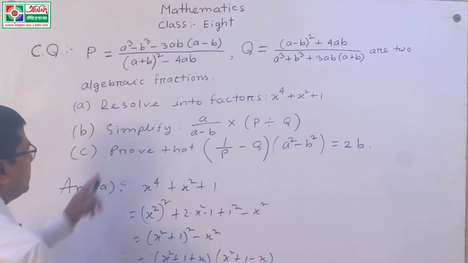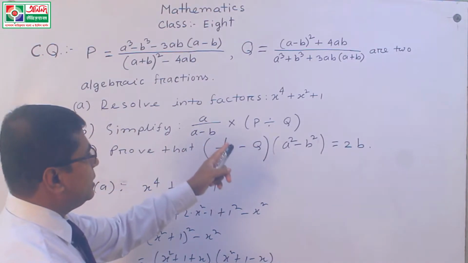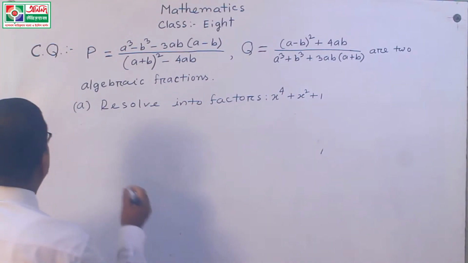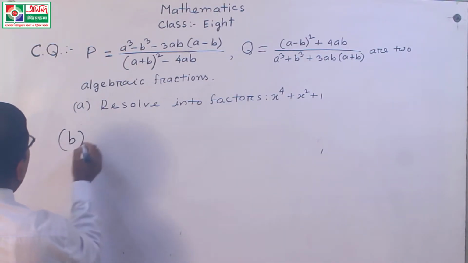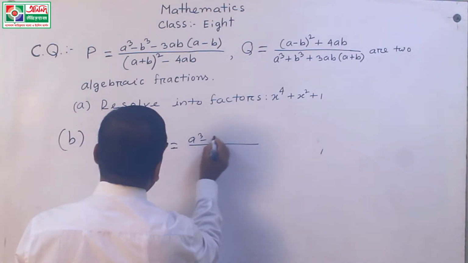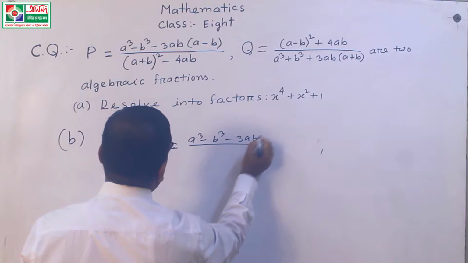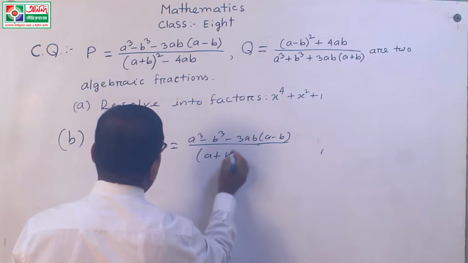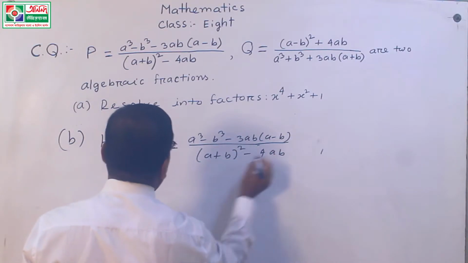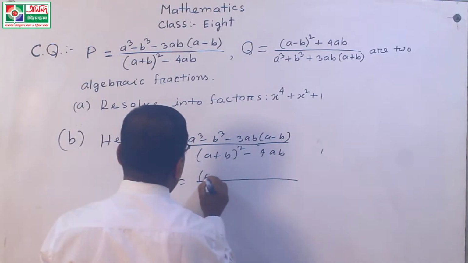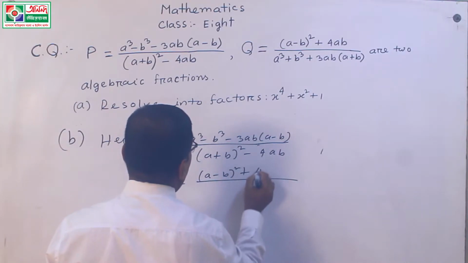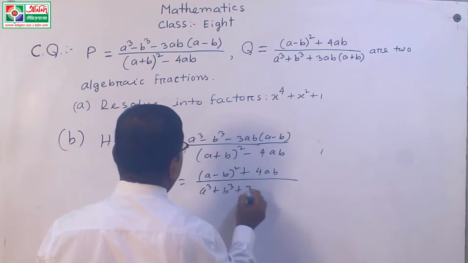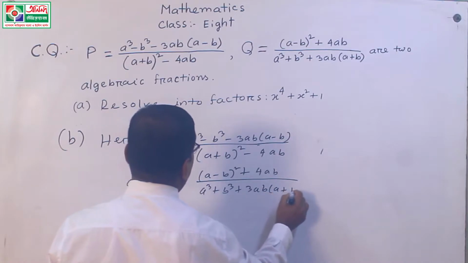Look at question number B, simplify a by (a minus b) into P divided by Q. At first we will find the value of P and Q. Here P equals (a cube minus b cube minus 3ab into (a minus b)) divided by ((a plus b) whole square minus 4ab), and Q equals ((a minus b) whole square plus 4ab) divided by (a cube plus b cube plus 3ab into (a plus b)).